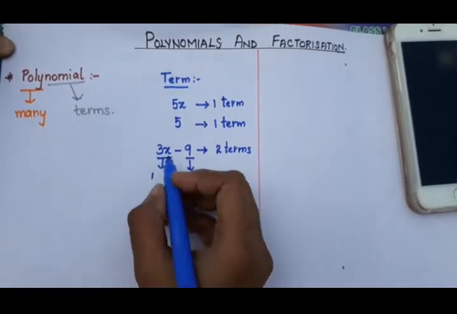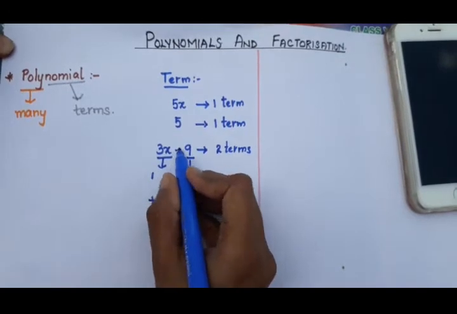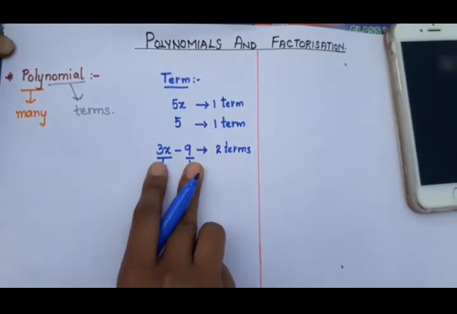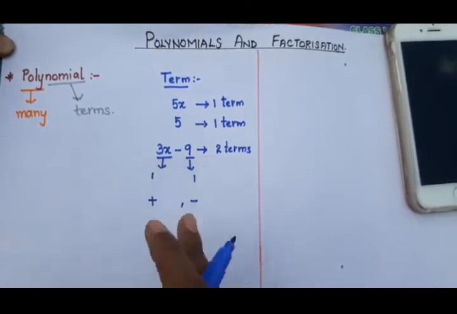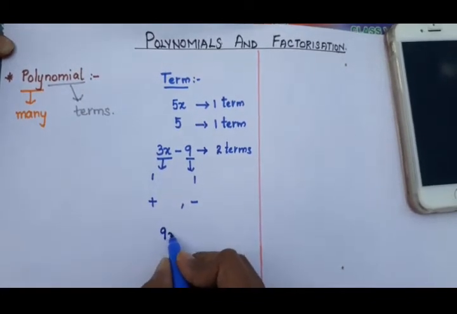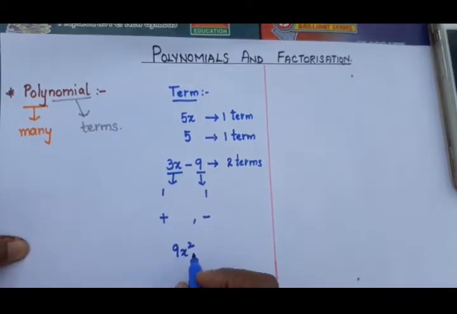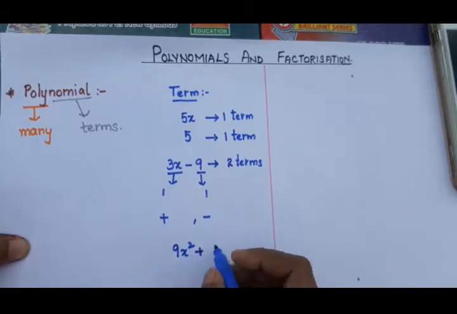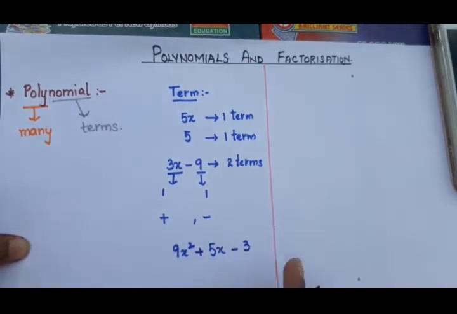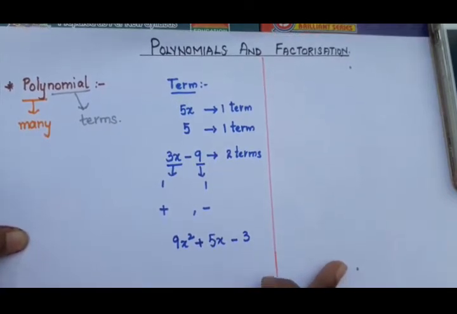Now if I write 3x minus 9, the minus is dividing it into two terms. Now if the number is 9x square plus 5x minus 3, how many terms does this expression have? This has one term, 2 and 3.